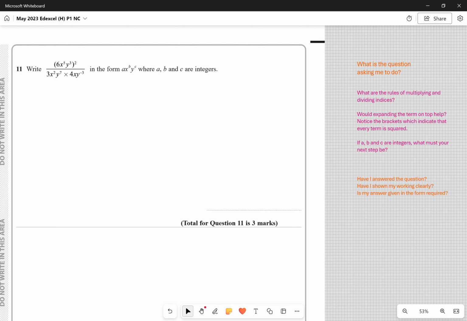We know that each of those powers are integers. We know that x has a coefficient other than 1, because it has the a in front of it. So we need to know the rules of multiplying and dividing indices.